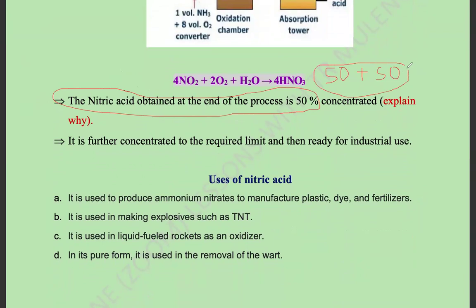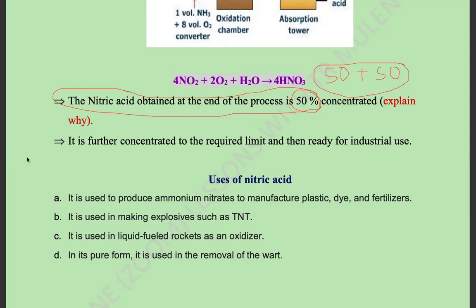It's a ratio of 1-to-1 in terms of the amount of water and the amount of acid. Even though we do the distillation of this acid, we can never get 100% concentration of the acid, for the reason I explained earlier, unless we use sulfuric acid as a drying agent.